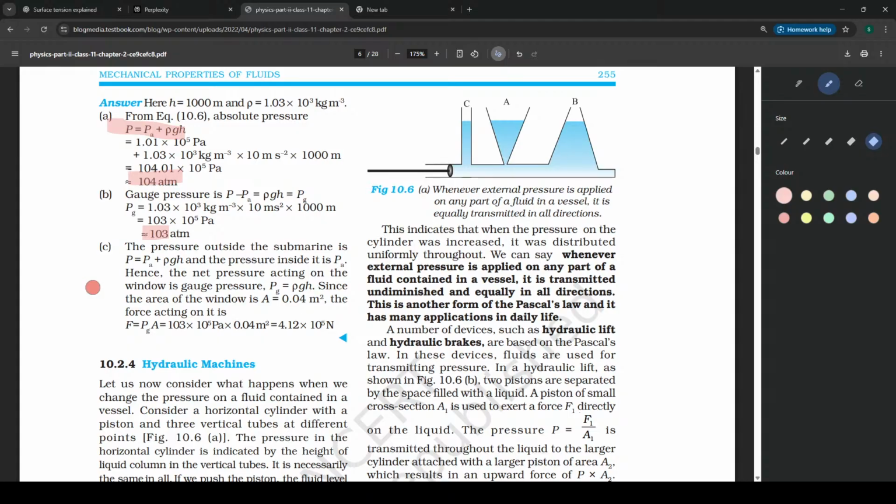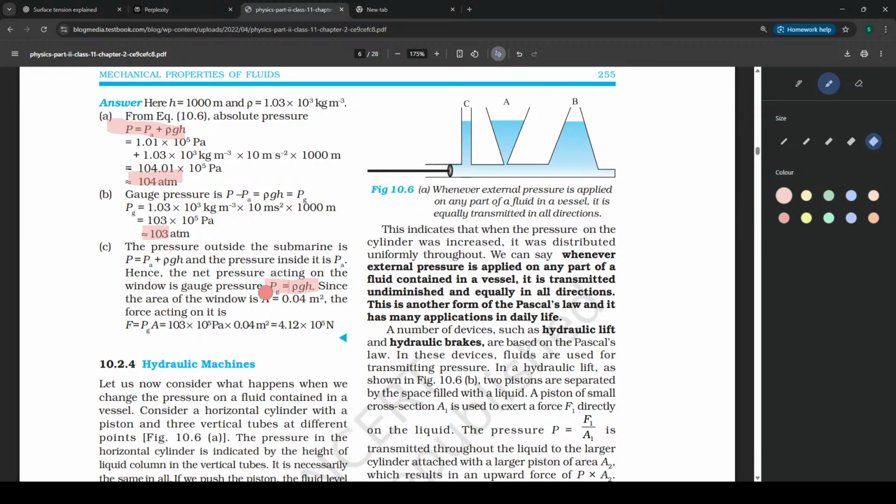The pressure equal to the pressure inside the submarine will get cancelled out from the total pressure that is due to the seawater, by which we will get the only pressure acting on the submarine, which is equal to Pg, which is equal to rho gh.